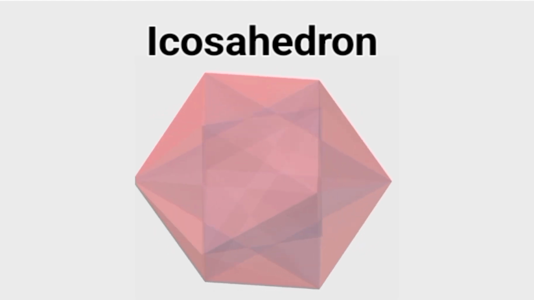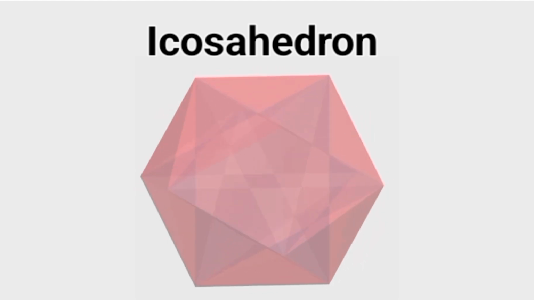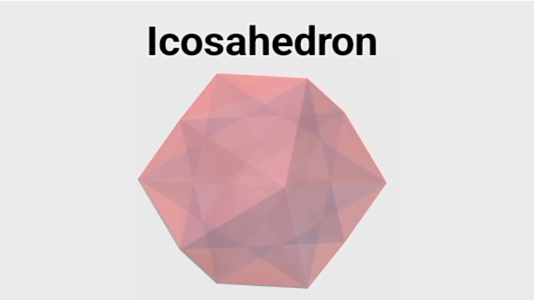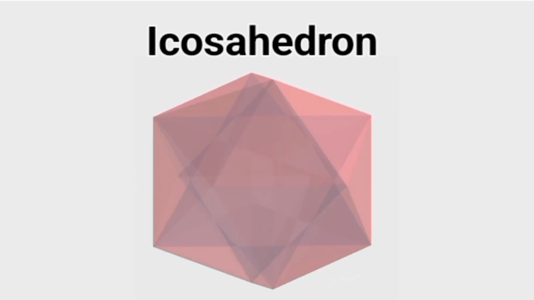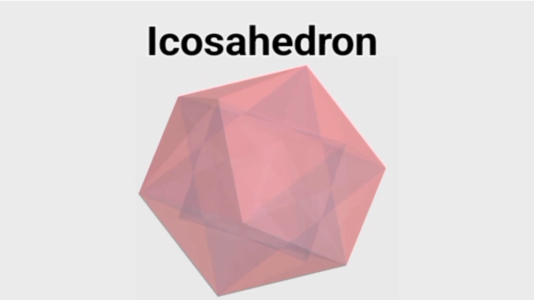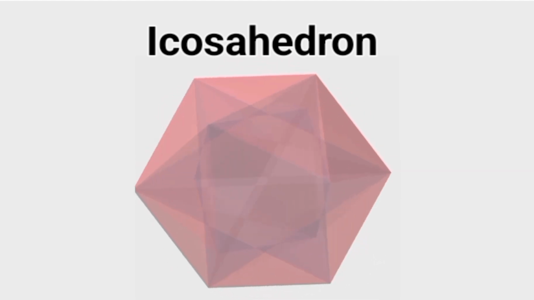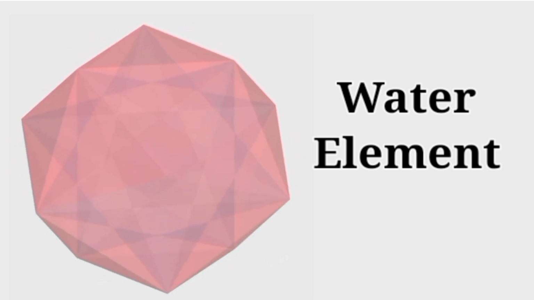Next is another adorable Platonic solid, the icosahedron. Icosahedron is a polyhedron made up of 20 equilateral triangles. It looks a little strange. It has 20 faces, 30 edges and 12 vertices. This polyhedron is the connection of all convex regular polyhedra. Icosahedron represents the water element.